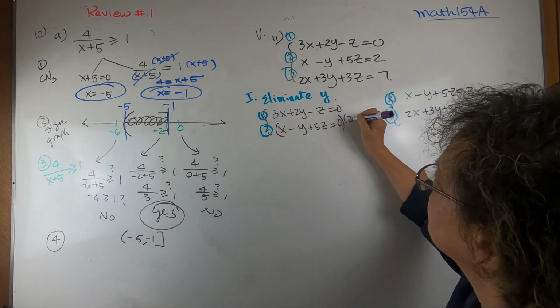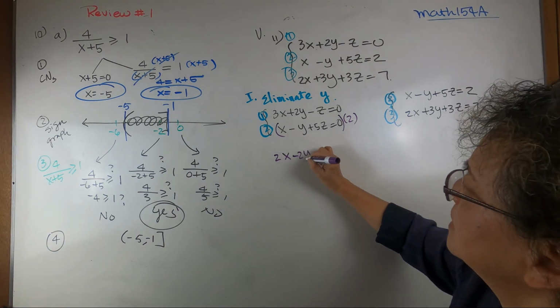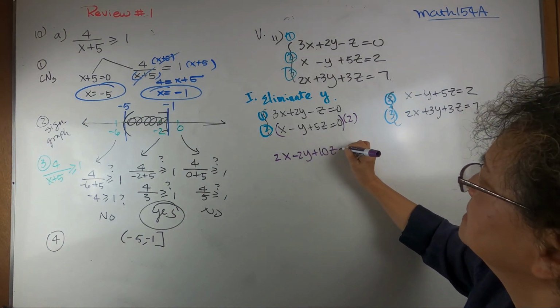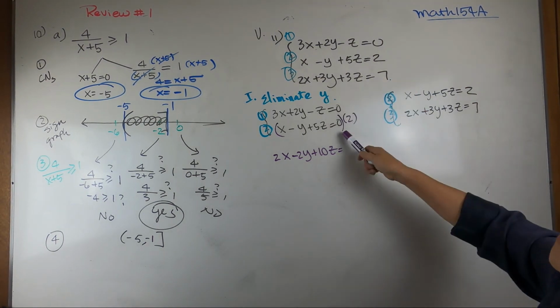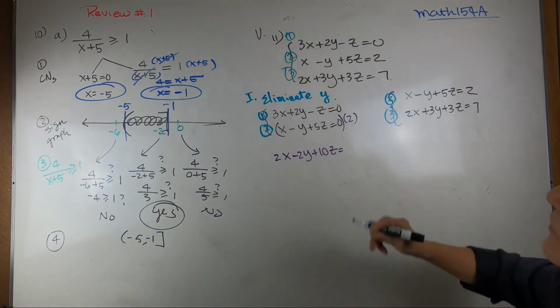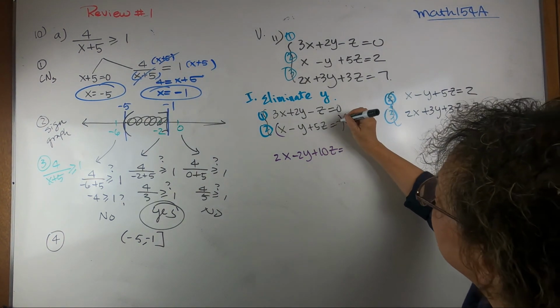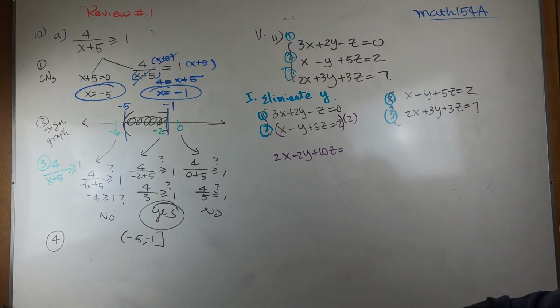You have to multiply this by 2. So you will have 2x minus 2y plus 10z equals what? Am I right? You see, I made a typo already. It's very easy when you copy things down, so you double check. So this one will be 4.